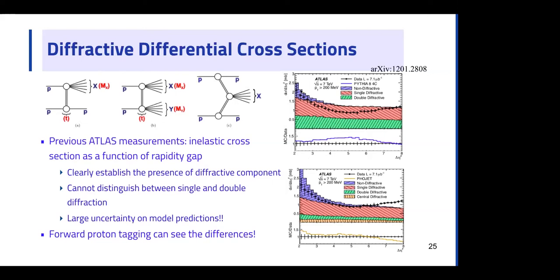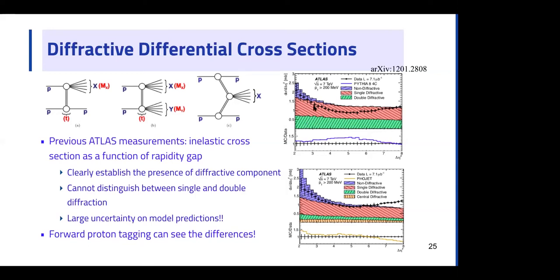The blue part is the non-diffractive component. Then we have single diffraction in red and double diffraction in green. What you can see in both plots is first that the Monte Carlos do not agree with the data in the shape at all. But not only that, both Monte Carlos predict very different fractions of single and double diffractive events.